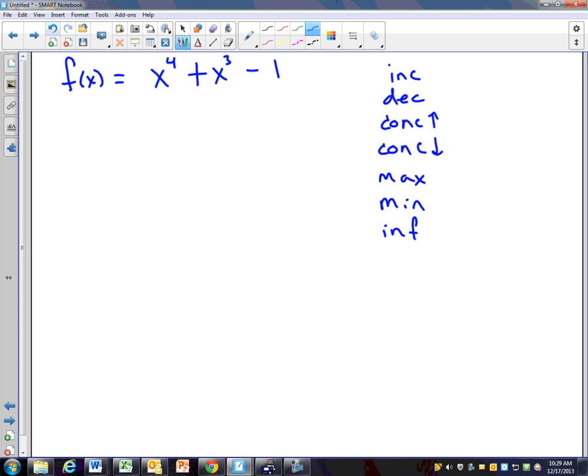I start by finding the critical points. There is nowhere where the function is undefined. I take the derivative and set it equal to 0.